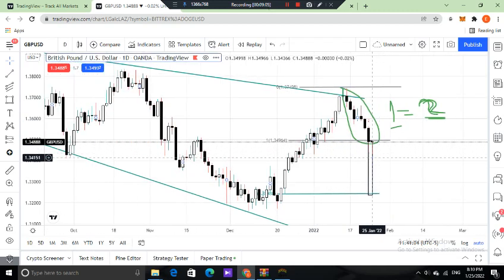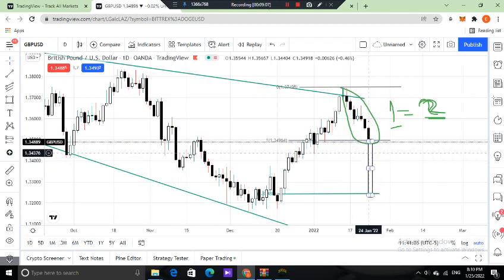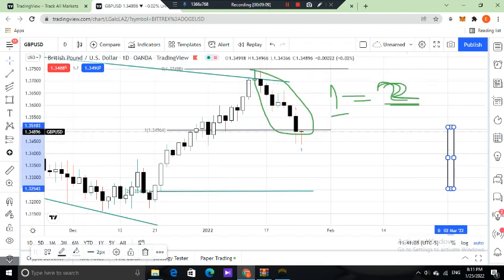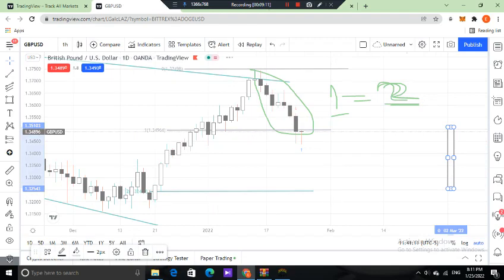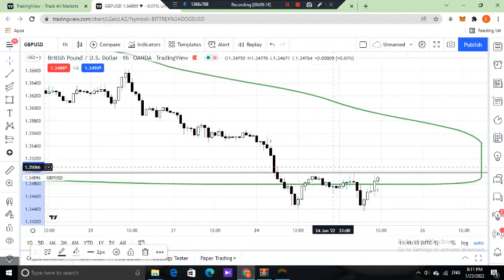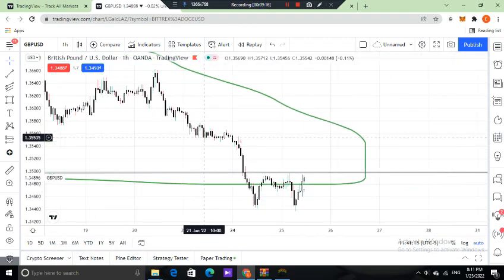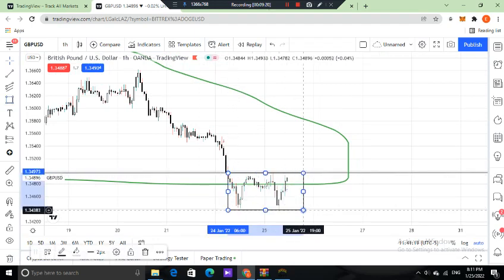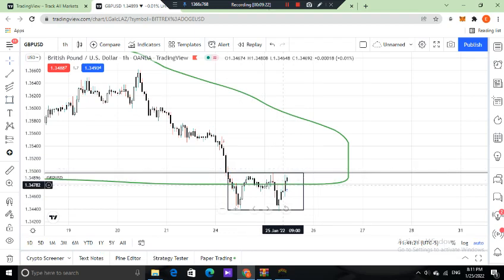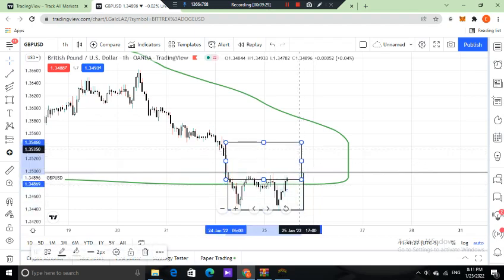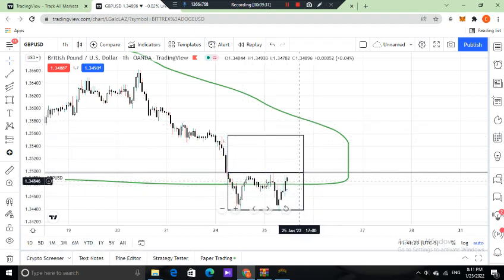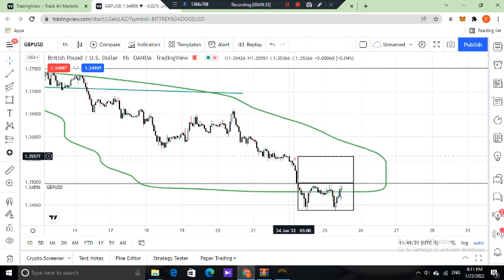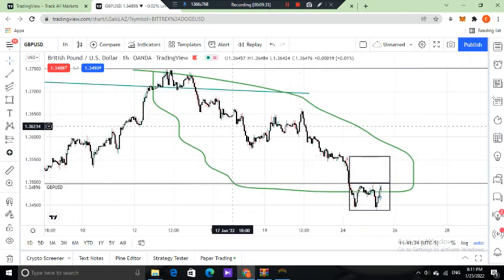So, what about the entry point? We check this out in the lower time frame, where we have this double bottom, and this double bottom as a target. If a breakout happens above this channel, above this trading range, the target would be here at this level.